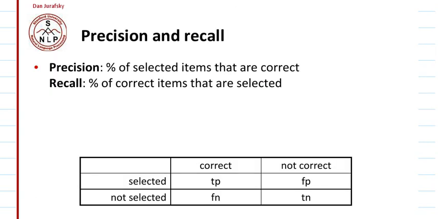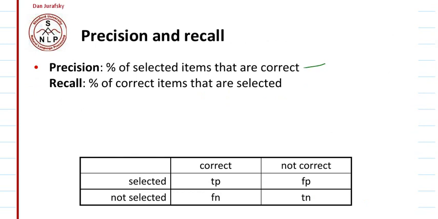So precision is actually the percentage of selected items that are correct. It means the items that are predicted correctly from the total number of predicted items. Let me write down the formula.